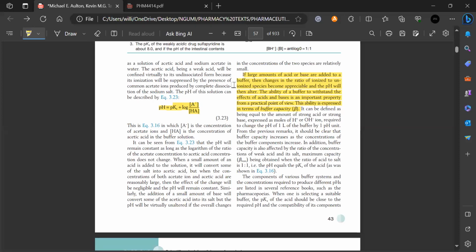Because it's important to know that if we add large amounts of acids or bases, our ratio of unionized to ionized will completely change. So we determine buffer capacity by its ability to withstand those effects.